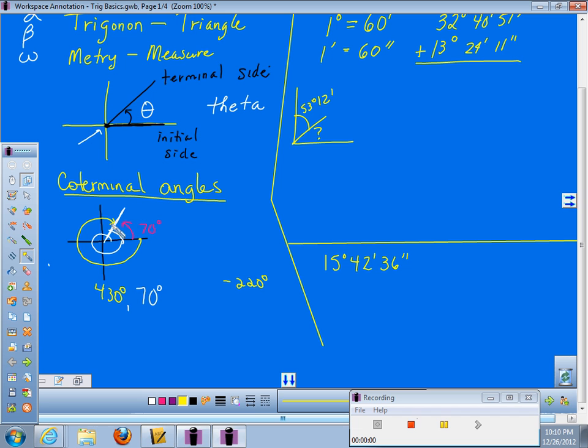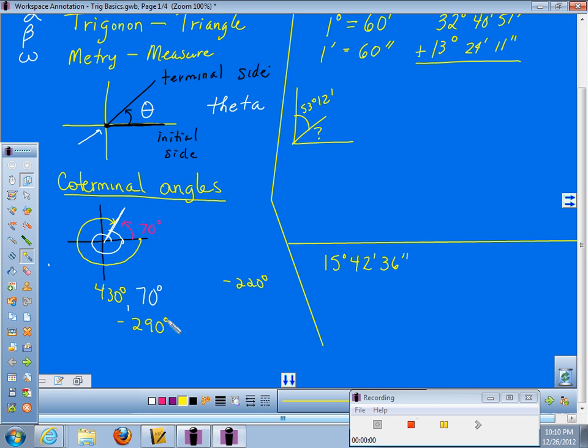Well, obviously if we use 70 over here, the rest of it has to be whatever 360 minus 70 is. So yes, we would get a negative 290 degrees as also a coterminal angle.